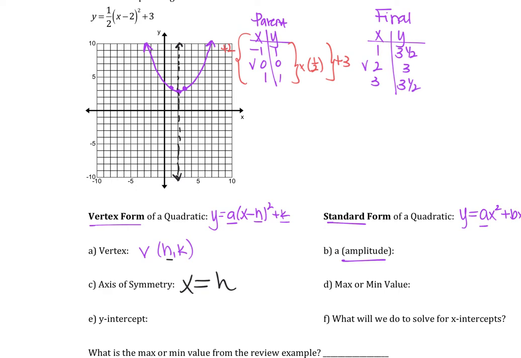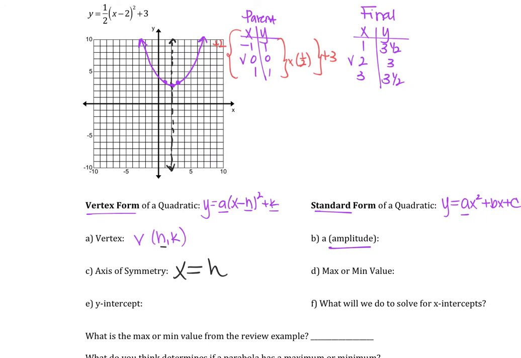The max or min value, if we're looking at our example above, our minimum value here is going to be referring to the y value of the vertex, right? It's not the x value, because the domain of a parabola is all real numbers.